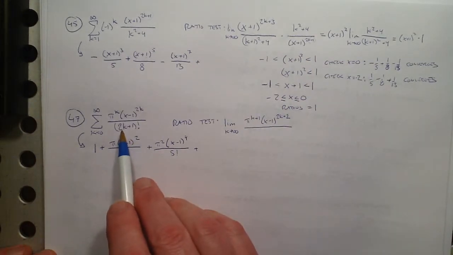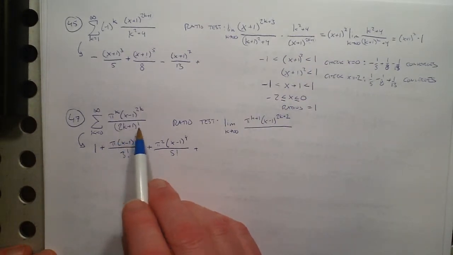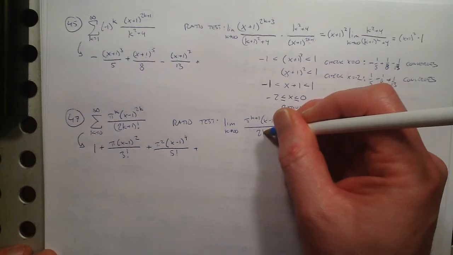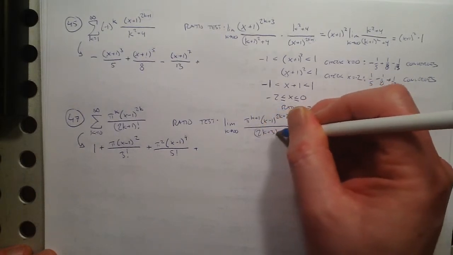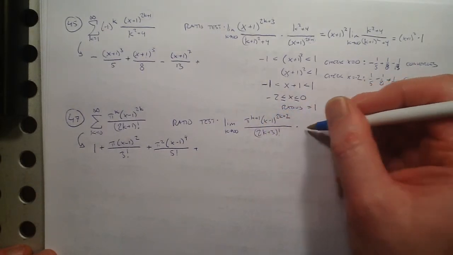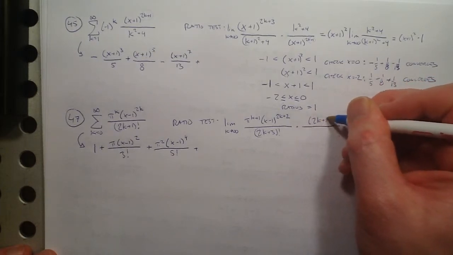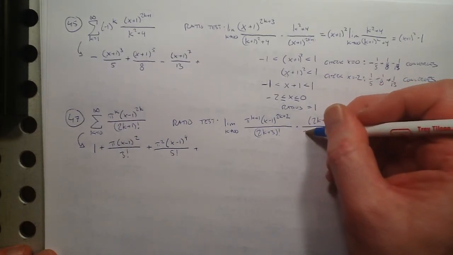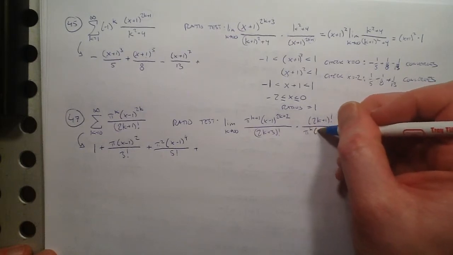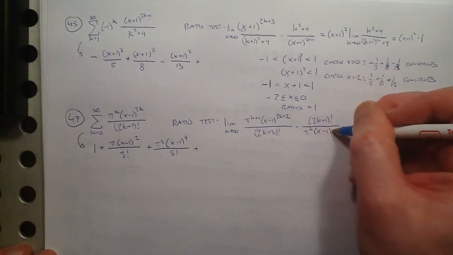Likewise, you get 2k plus 2 here, plus 1 is 2k plus 3 factorial. And we get the original upside down.